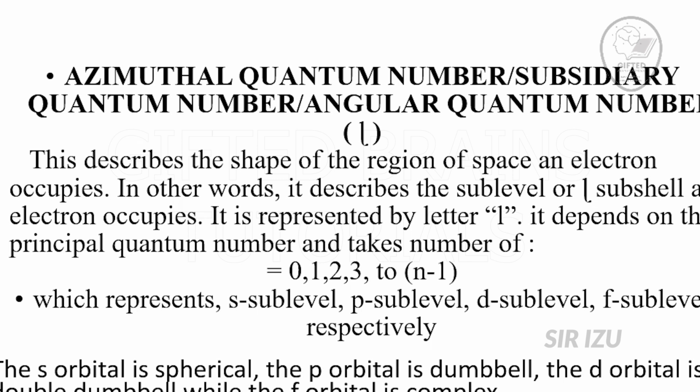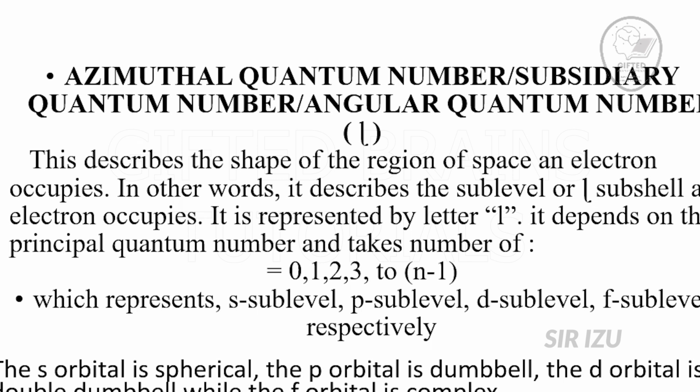What we can actually say is that we can predict a region of space in an atom where an electron most probably should be. And these regions of space are called the subshell. This azimuthal quantum number, this second quantum number, describes this region of space.